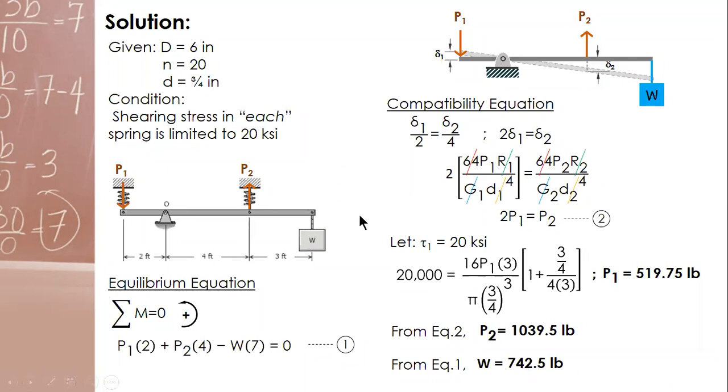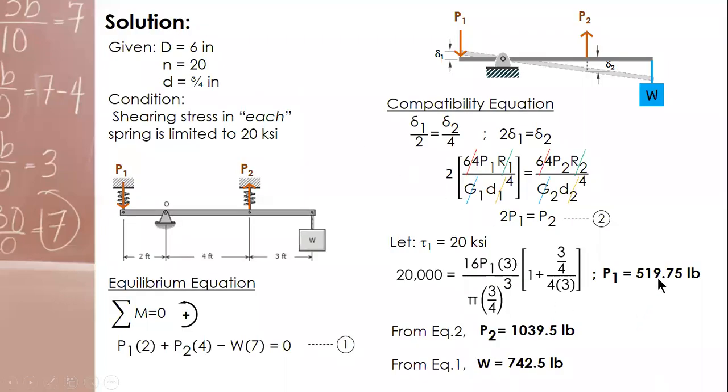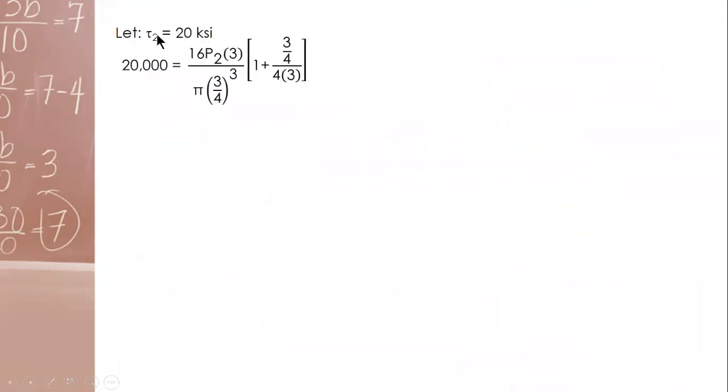Second, let stress 2 equal 20, for spring number 2. Same formula: 16PR over pi d cubed times (1 plus d over 4R).